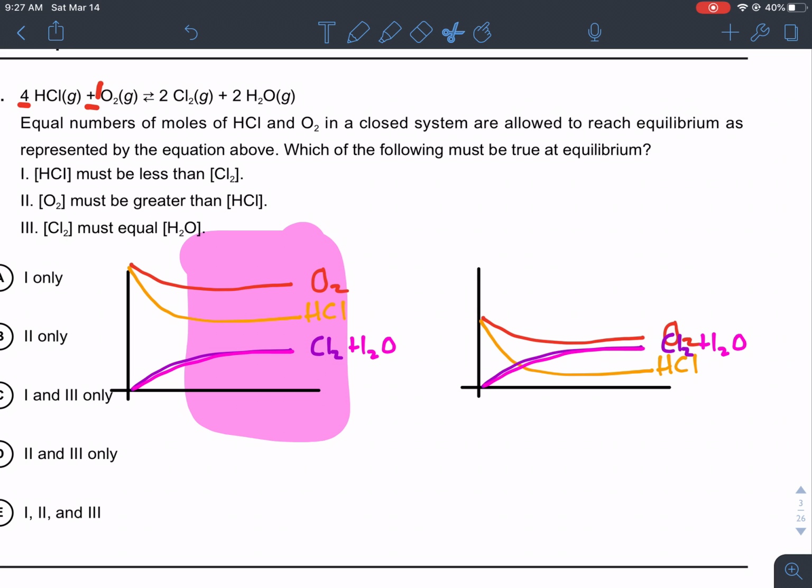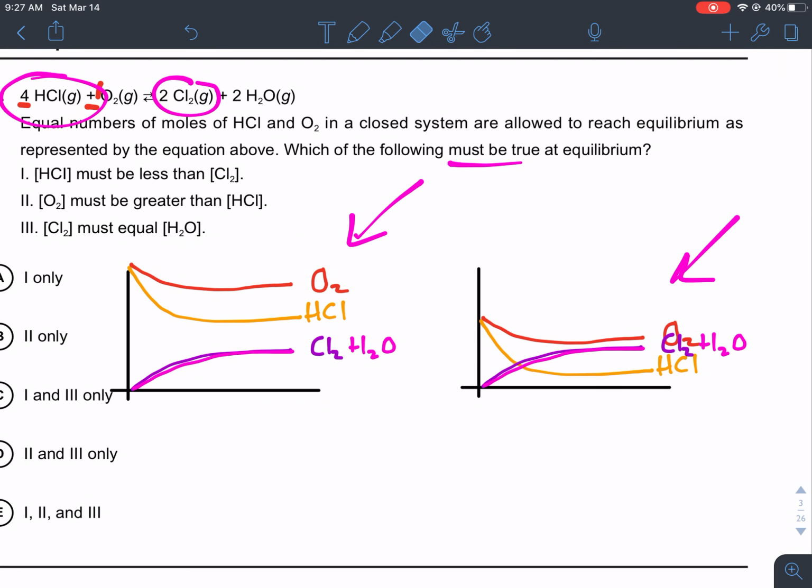We don't know. So, equal numbers of moles of HCl and O2 in a closed system are allowed to reach equilibrium as represented by the equation above. Which of the following must be true at equilibrium? HCl must be less than Cl2. Well, you don't know how to compare HCl and Cl2 because you don't know if it's this scenario or this scenario, okay?